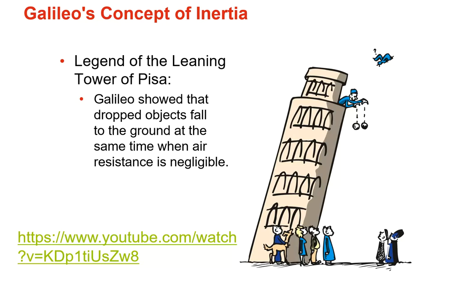Going back to Aristotle, one more thing. Aristotle said that everything has a natural position, but not everything's natural position is on the ground. For instance, he didn't have helium balloons back then, but if you had a helium balloon and let it go, it wouldn't fall to the ground. What would it do? Go up. And so Aristotle said that you have four different elements. You have earth, and the natural position for earth is on the surface of the earth, or down below.